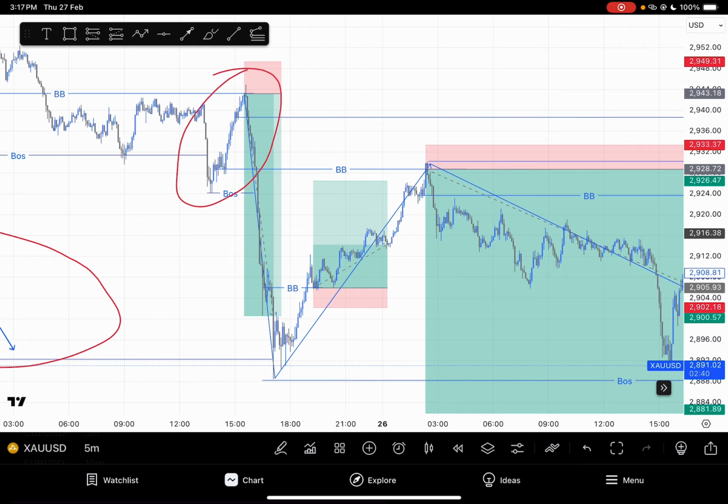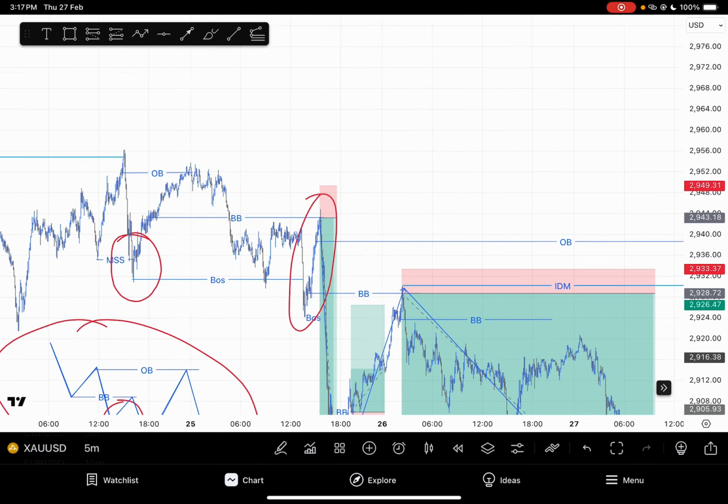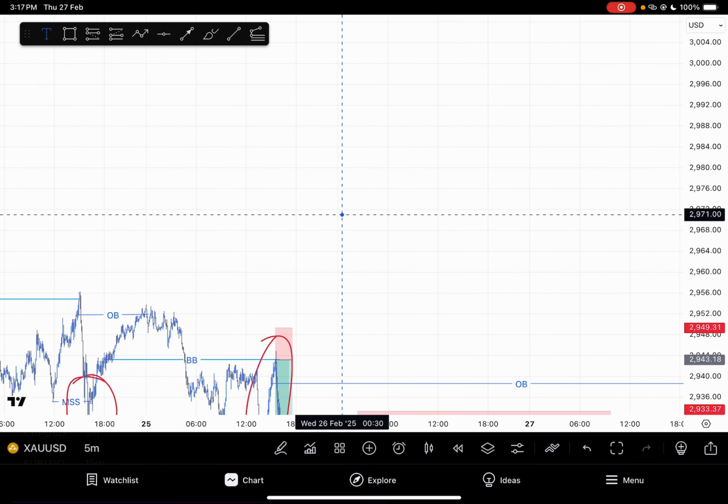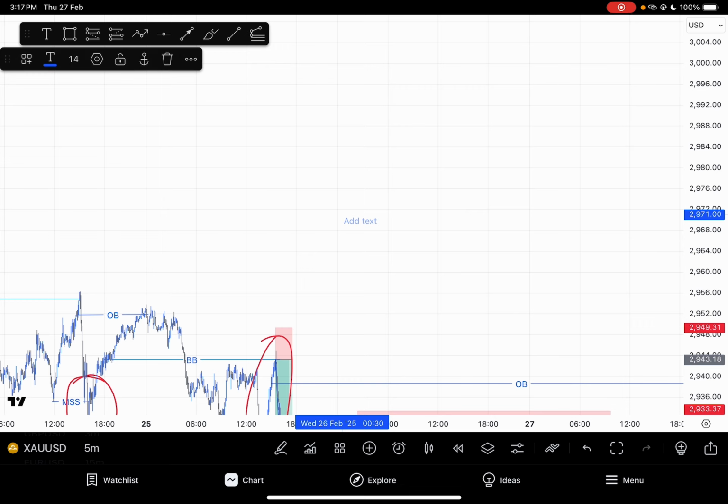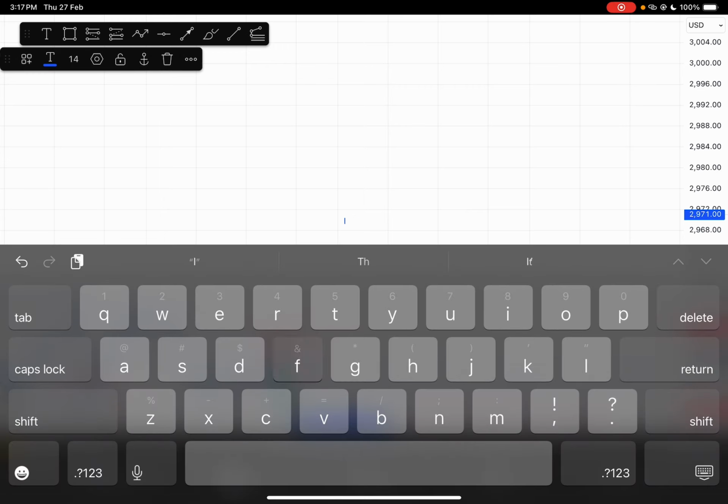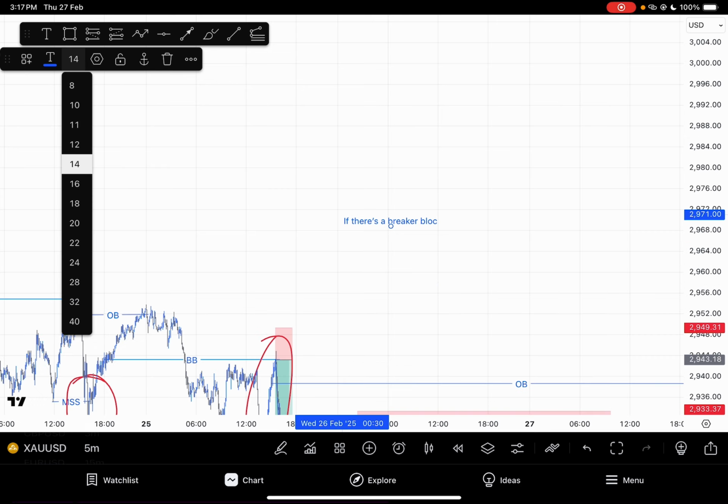So there are three things. If there's a breaker block, let me type it on the screen. Let me make this very bold.